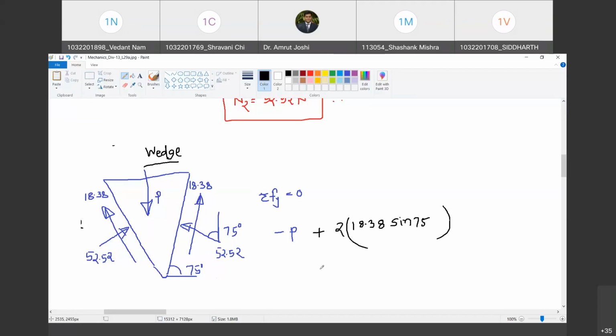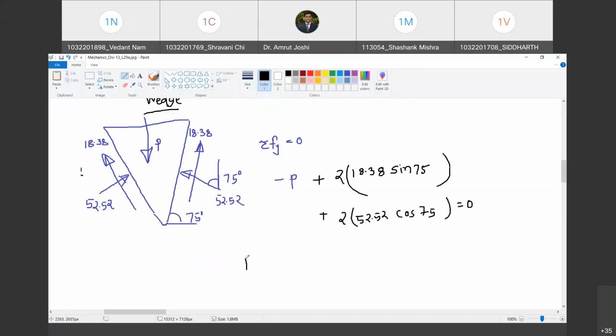Then plus 2 times 52.52 cos 75. Yes, sir. Do you agree? Yes, sir. This must be equal to 0. So can you tell me the value of P? Yes.